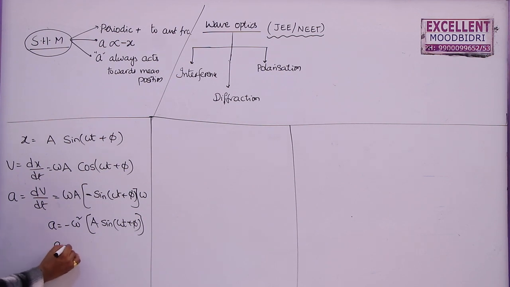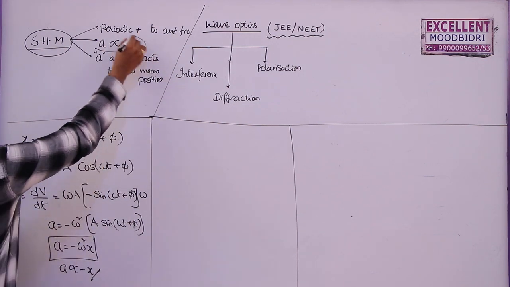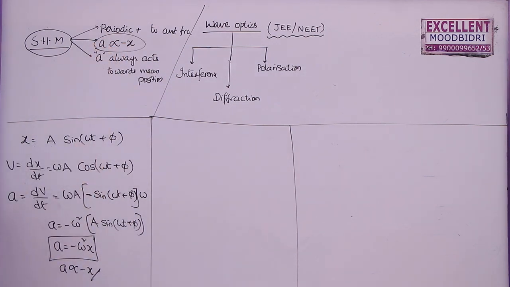From this you can write a is equal to minus omega square y. As we are writing displacement as x here, let me write this as x only. So a is equal to minus omega square x, a is directly proportional to minus x. That is the condition for simple harmonic motion.